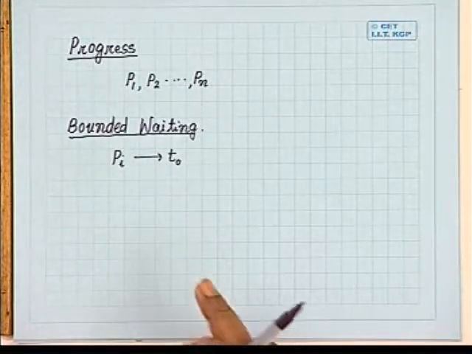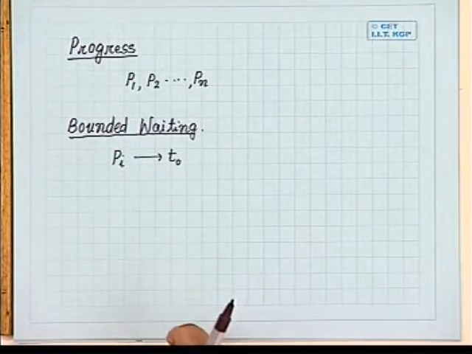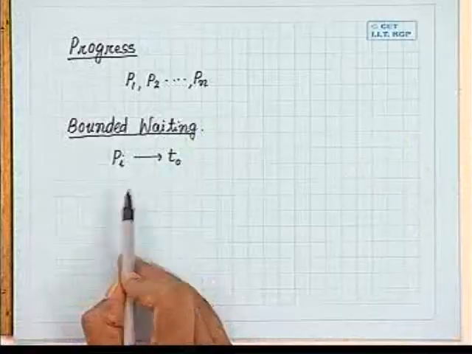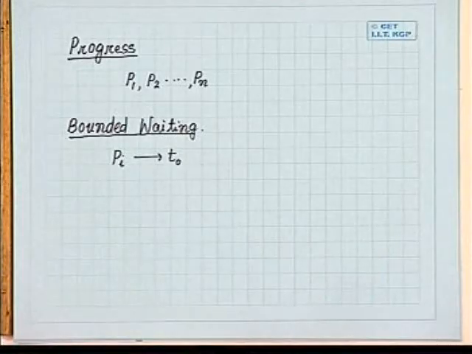After the process which is executing in the critical section comes out, then only Pi can be considered for possible entry into the critical section. But even then, I'm not sure whether Pi can enter or not, because there may be other processes waiting in the queue who also want to enter the critical section.